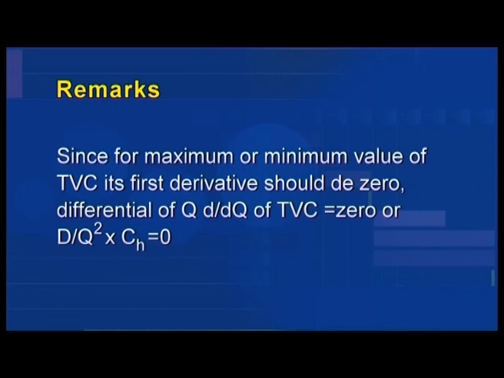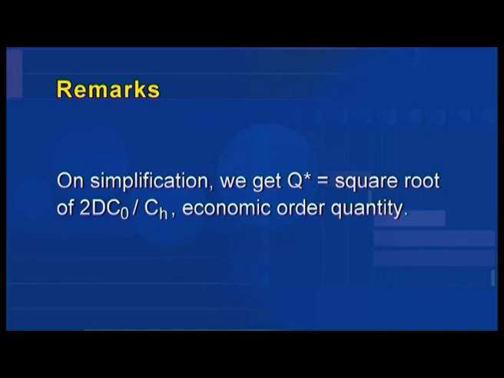Since for a maximum or minimum value of TVC its first derivative should be 0, d by dQ of TVC is equal to 0, or minus D by Q square into C naught plus half CH is equal to 0. On simplification, we get Q star is equal to square root of 2 into D into C naught by CH, the economic order quantity.